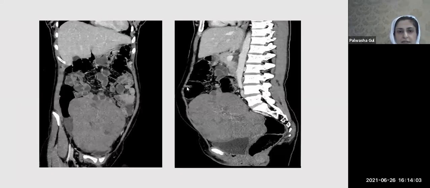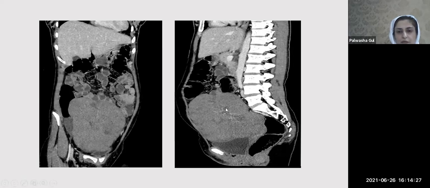Case number 6 was a young girl, around 23 years old, who came with a mass in the pelvis. She underwent an ultrasound, and there she was reported as having a huge subserosal fibroid, and she came for a CT scan.